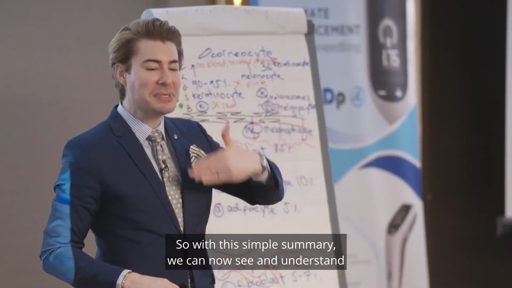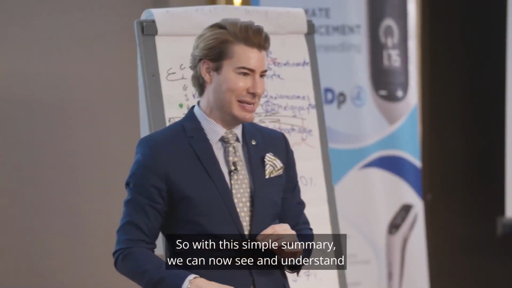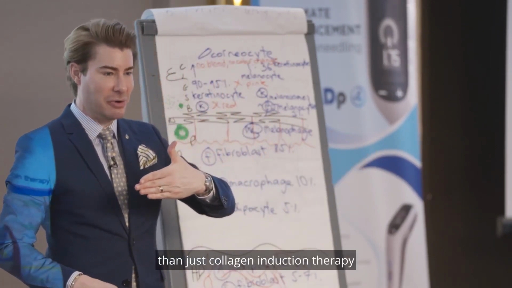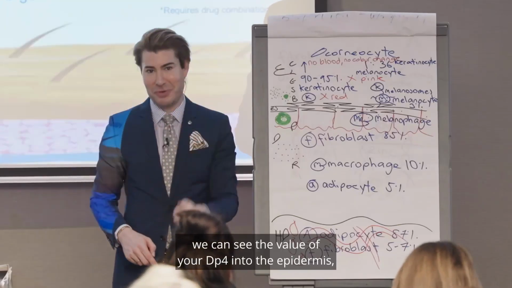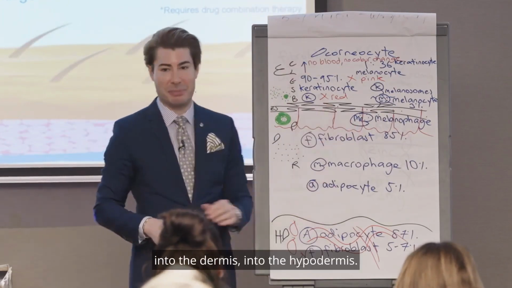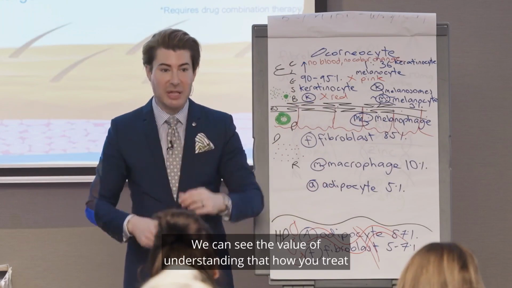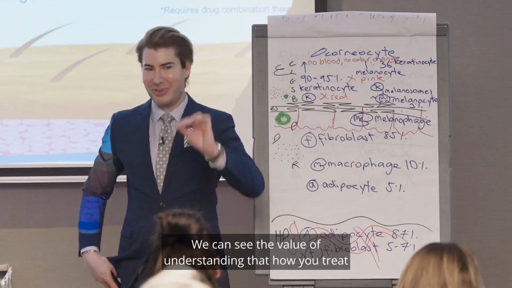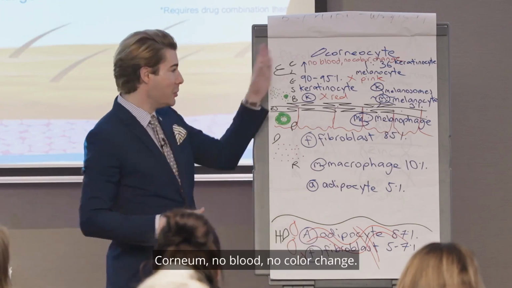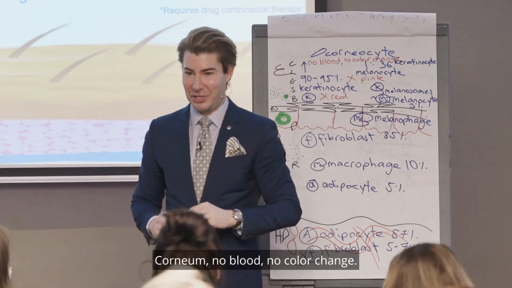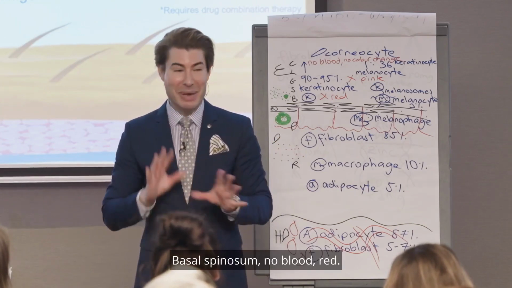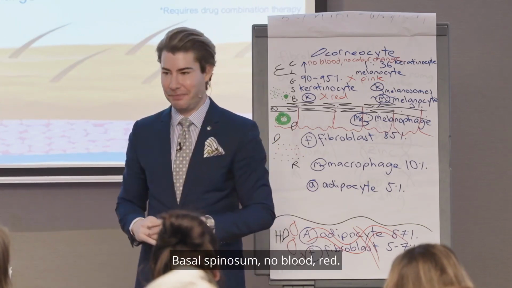So with this simple summary, we can now see and understand the value of your Dp4 for more than just collagen induction therapy. We can see the value of your Dp4 into the epidermis, into the dermis, into the hypodermis. We can see the value of understanding that how you treat is not mathematically, how you treat is what you see. Corneum, no blood, no color change. Granulosum, no blood, pink. Basal spinosum, no blood, red.